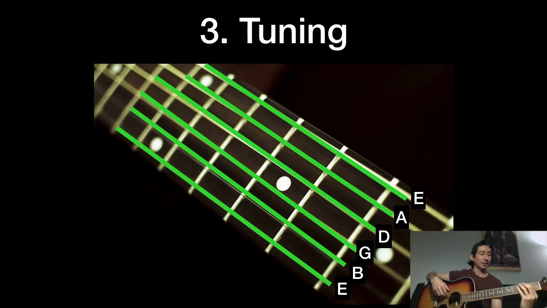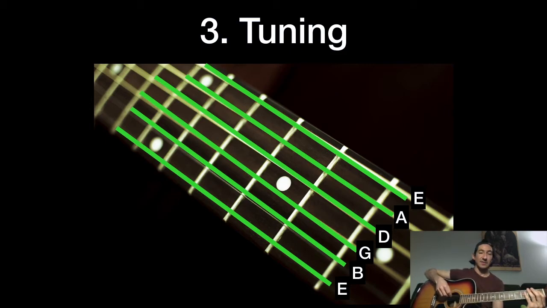Then F sharp, G, G sharp, A, right? And the fifth string is an A, so this one should sound like the fifth string, and actually that's very nice. And then you can do that for all the strings, right?